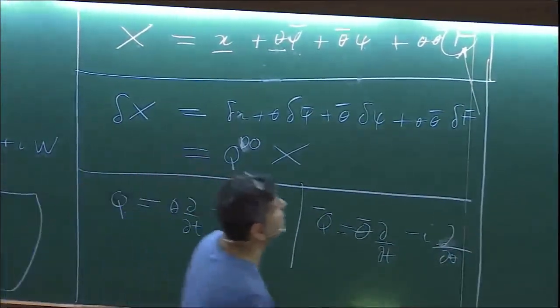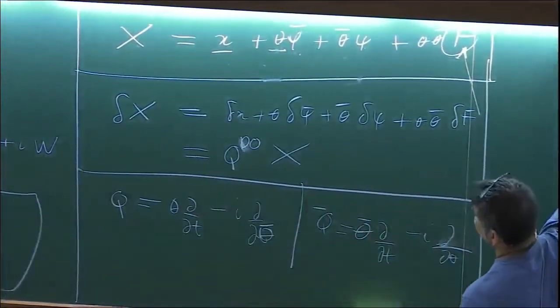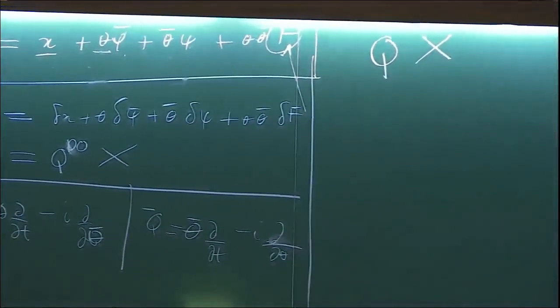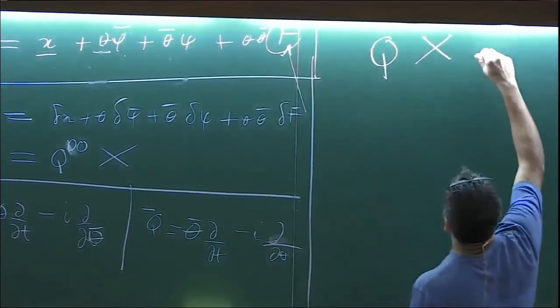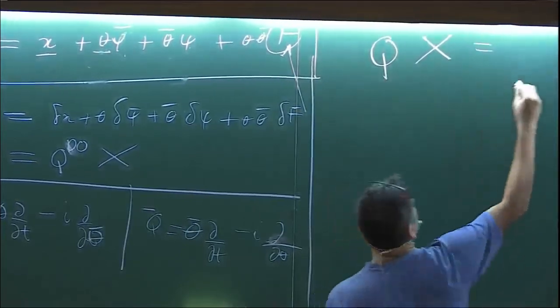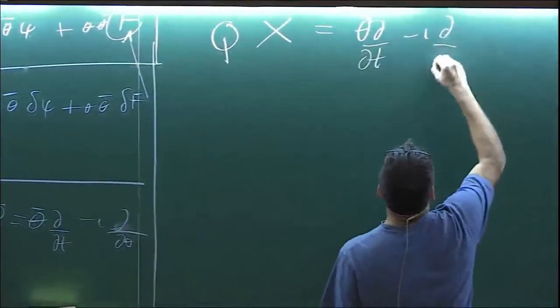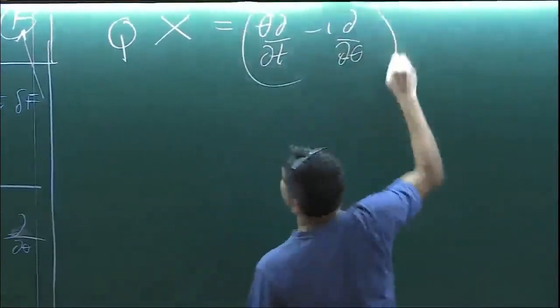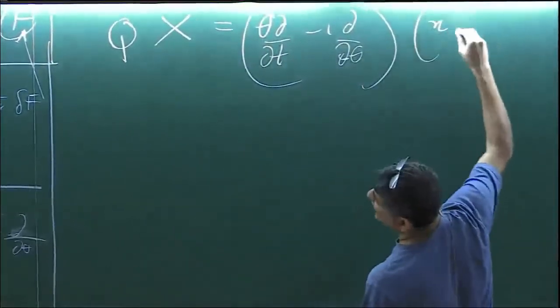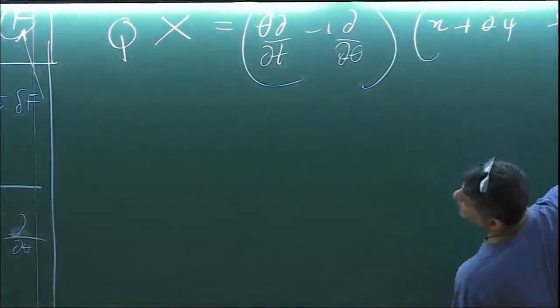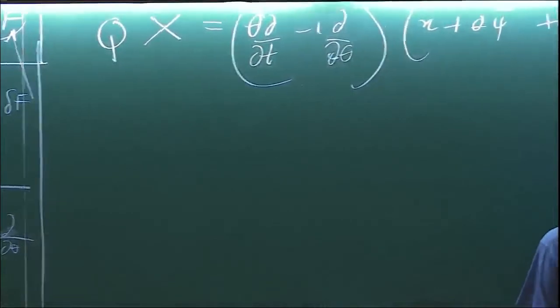I'm just going to write down Q acting on x. That is equal to what? So that is by definition theta del by del t minus i del by del theta bar acting on x plus theta psi bar plus theta bar psi plus theta theta bar f.